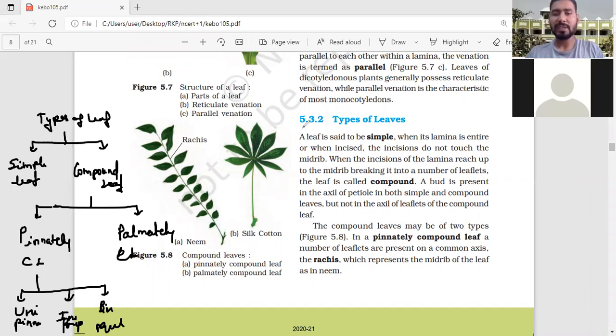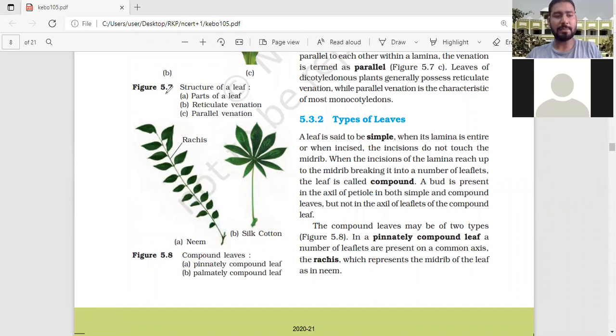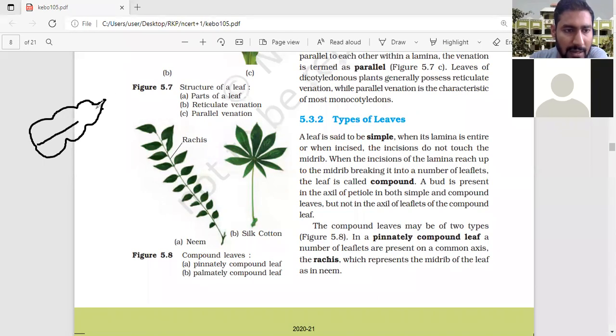Now this is the classification of leaf. So just clear the concept. What is the simple leaf? Suppose that this is the leaf. In this leaf, you can see the insertion.